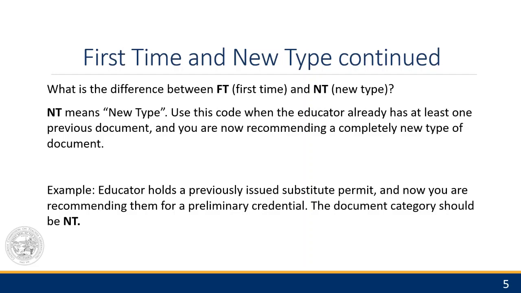An example there, if the educator holds a substitute permit already, and now you're recommending them for any sort of preliminary credential, or emergency permit, any other permit or credential, the document category type should be NT. So we see a lot of that being mixed up a lot of the times, especially with the newer people. So that's something to keep in mind.